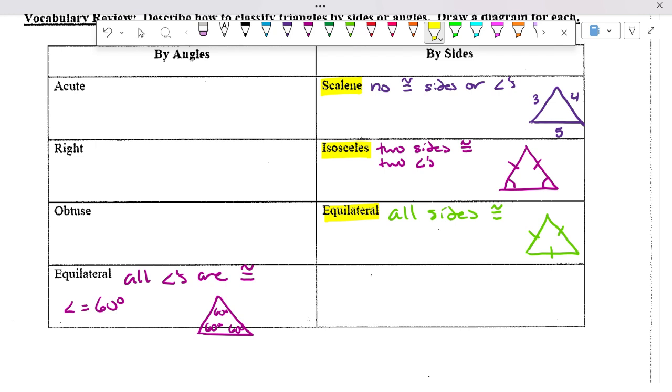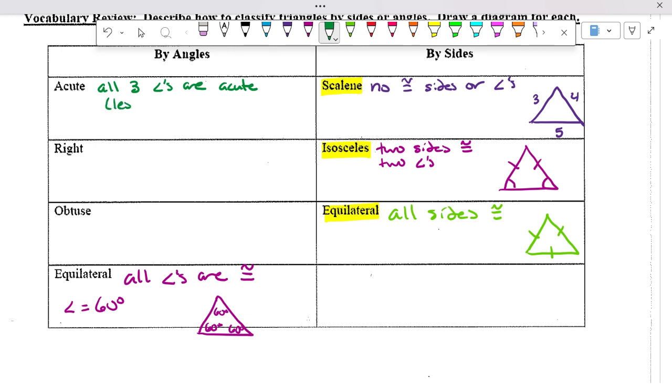All right. Now, the most typical type of triangle is an acute scalene, which all that means is that if it's an acute triangle, all 3 angles are acute. What does an acute angle mean? It's smaller than 90, so less than 90. So all 3 angles are acute.